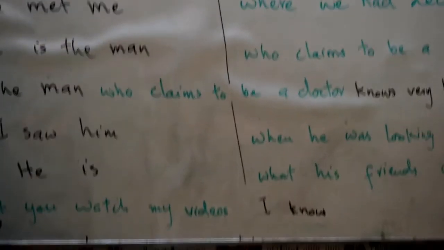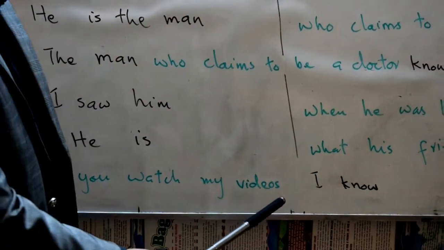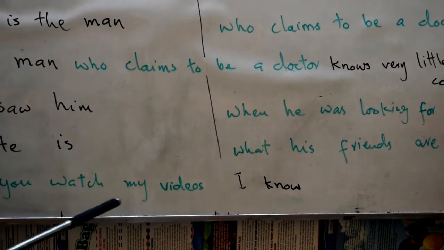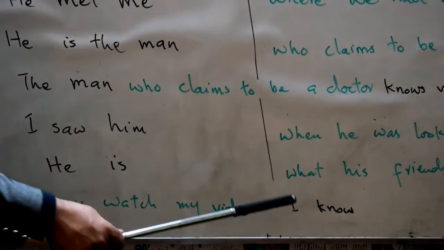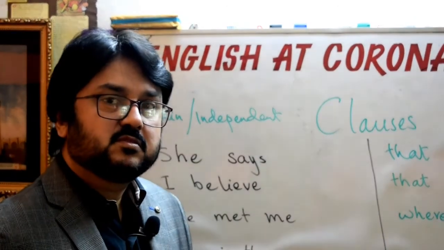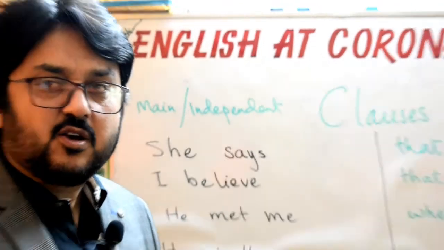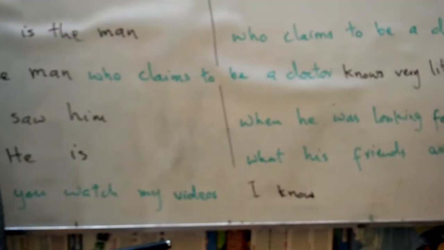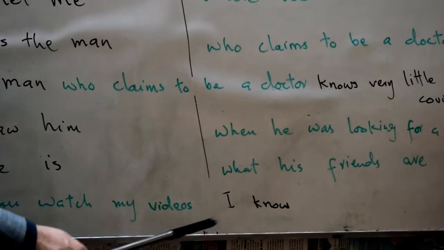Okay, now look at this last sentence, that you watch my videos, I know. Look, this part which is written in green, which is the subordinate clause, is written before the main clause. Okay, this is also a way to write a structure where you write the subordinate clause in the start of a sentence. Okay, and when it acts like the subject of a sentence. Fine. That you watch my videos, I know.